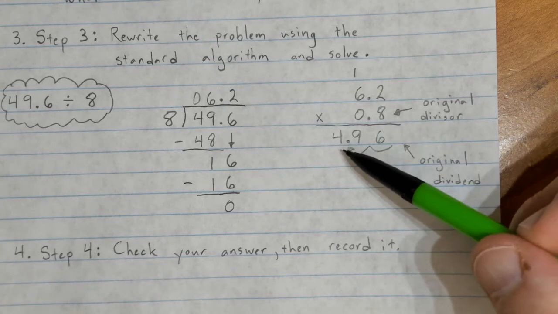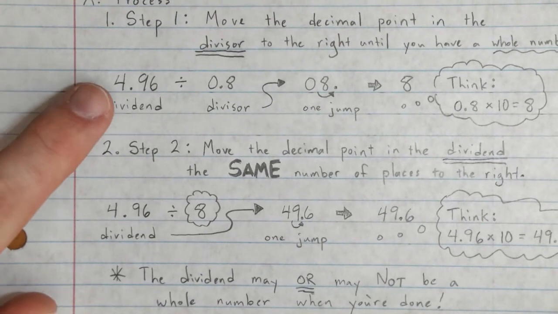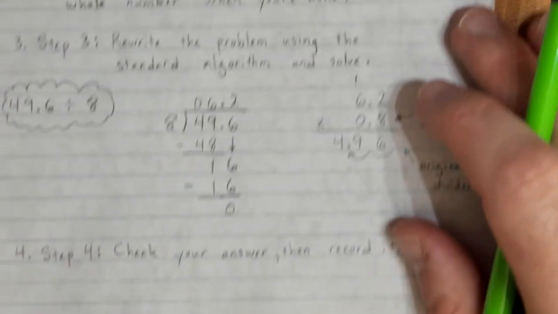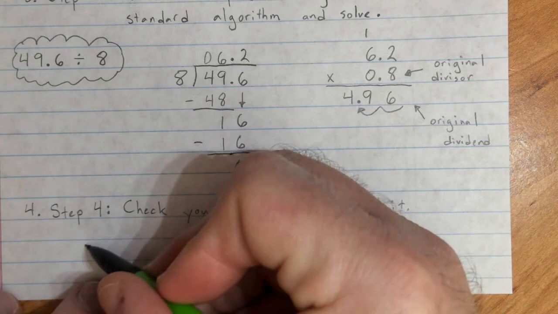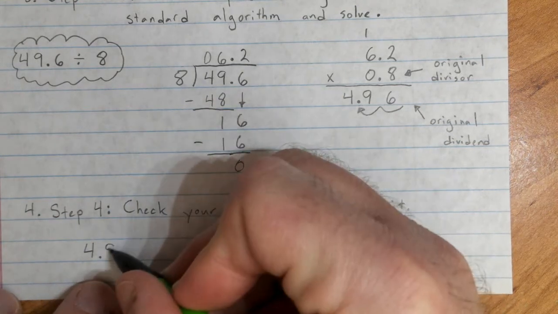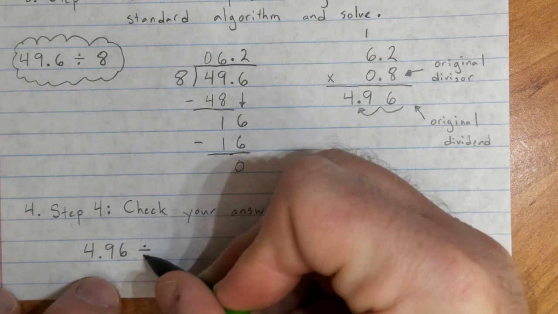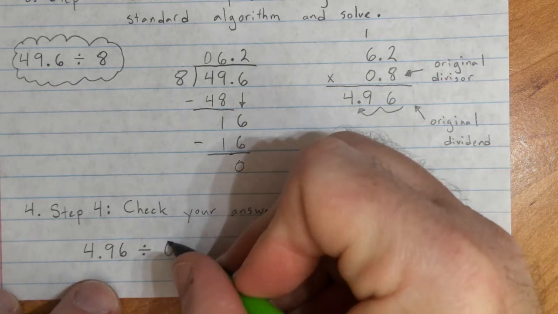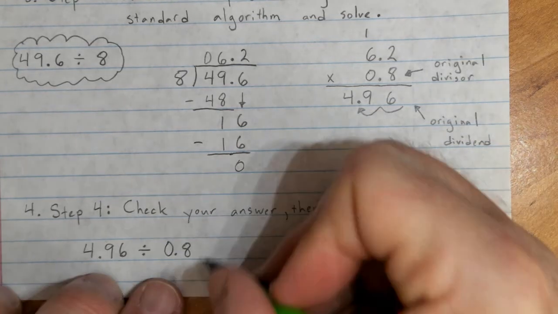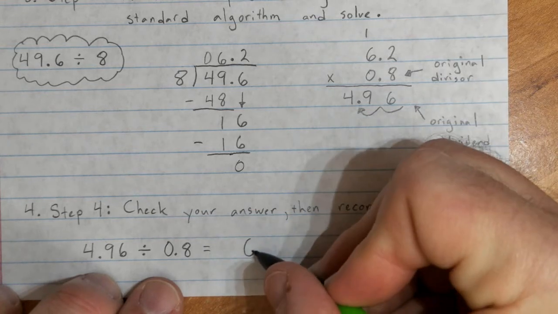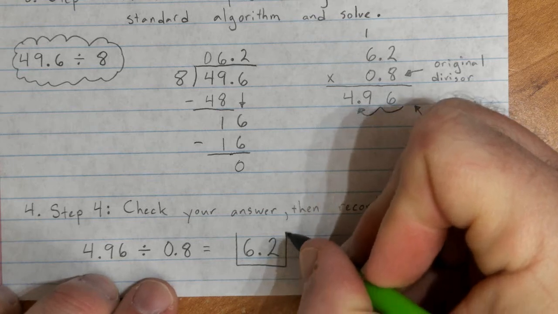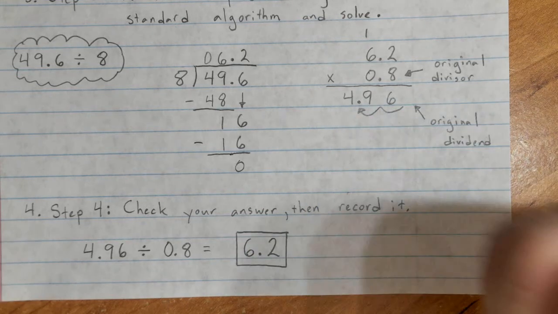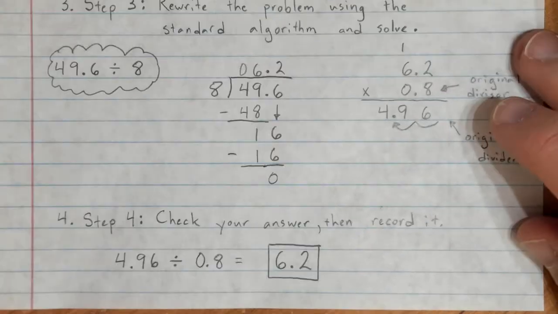Okay, 4.96, 4 and 96 hundredths. So, I found my original dividend. If I were to divide that by 8 tenths, the answer would, in fact, be 6 and 2 tenths. Always box up your answer. And that's it. We're all set.